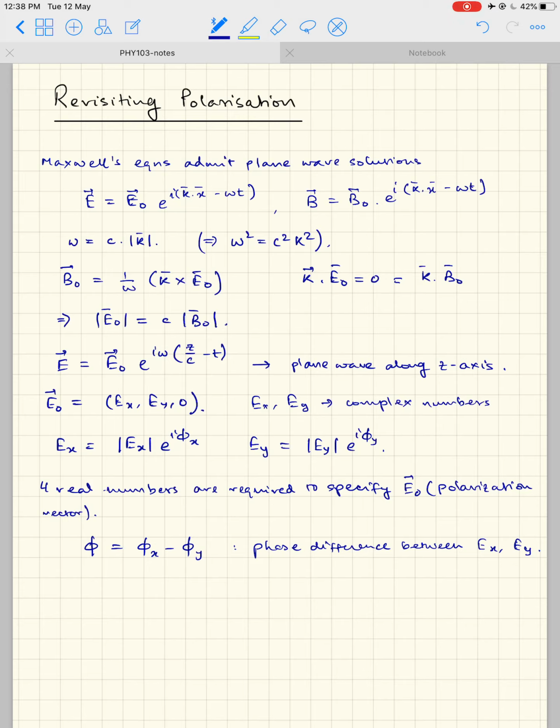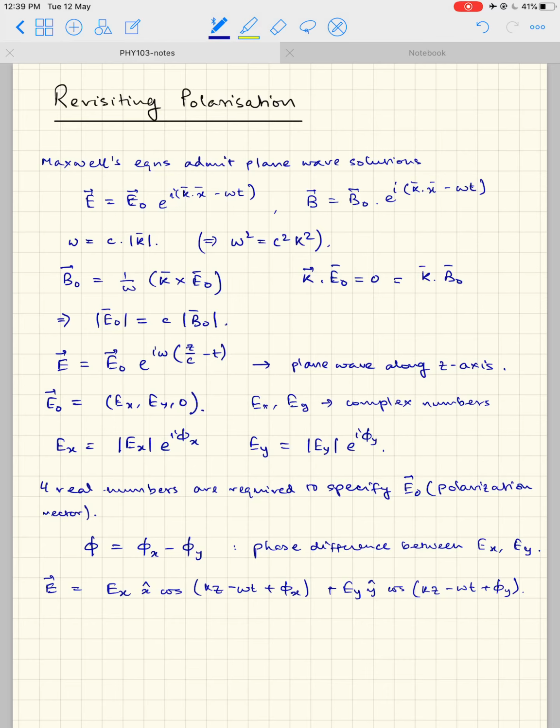We can of course as well write E as Ex x-hat cosine of (kz minus omega t plus phi x), and Ey y-hat cosine of (kz minus omega t plus phi y), where you see explicitly the four real numbers which specify this polarization, right?